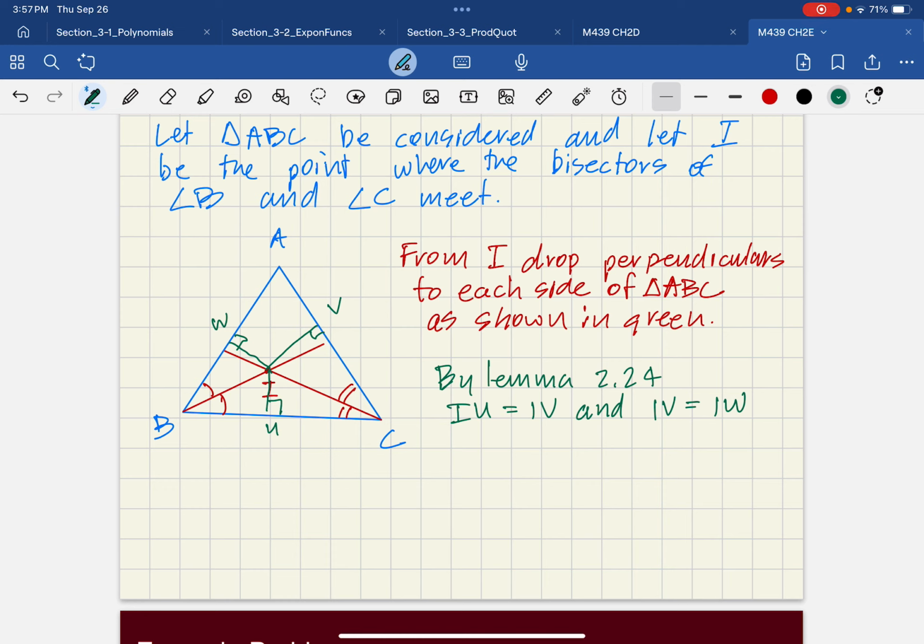So why is that the case? Well, because we're on the angle bisector of, I guess, the angle bisector of C, right? We get IU equal to IV.